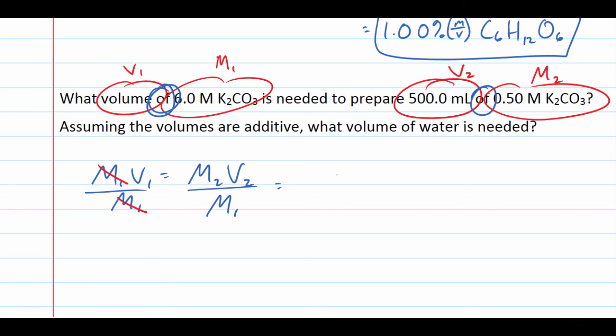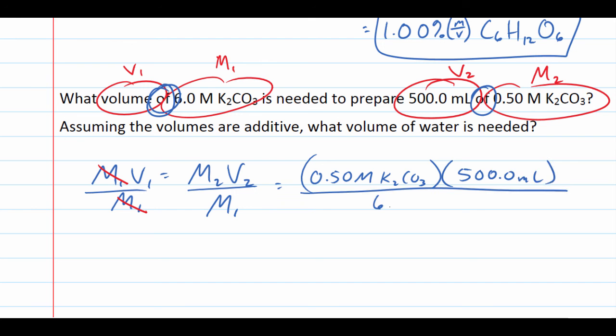So we have M2, which is the 0.50 molar K2CO3. We're multiplying that by the 500 milliliters. And we're dividing that by the 6.0 molar K2CO3. And at this point, to get the answer, what happens? Molarities will cancel out.